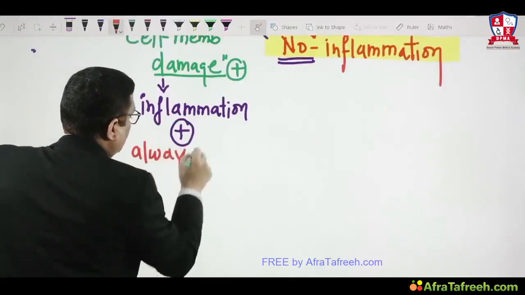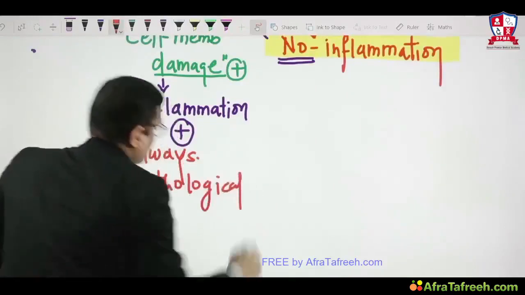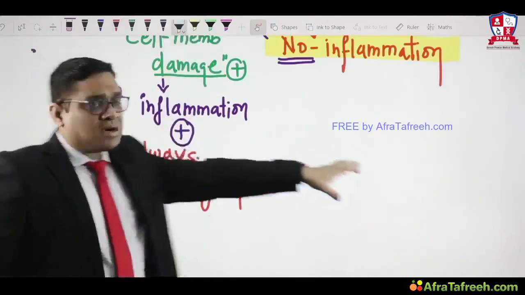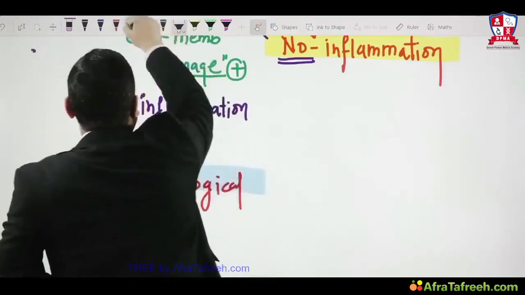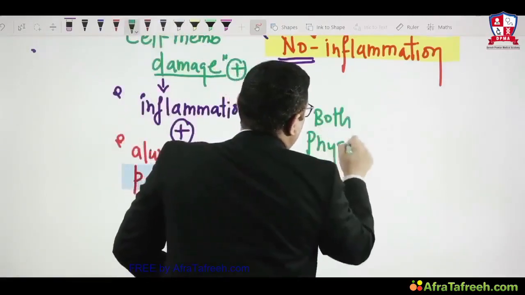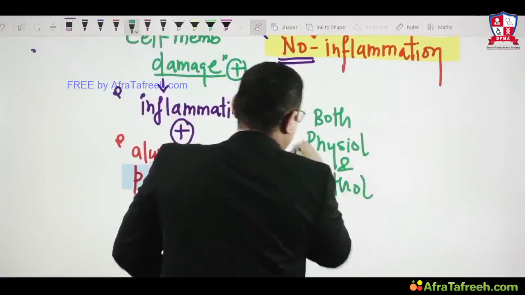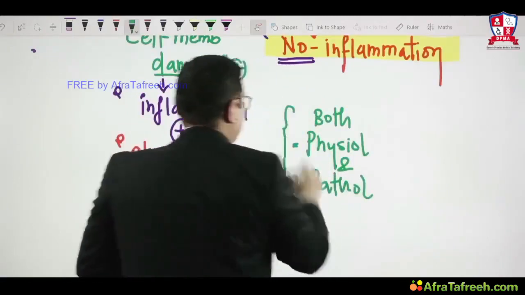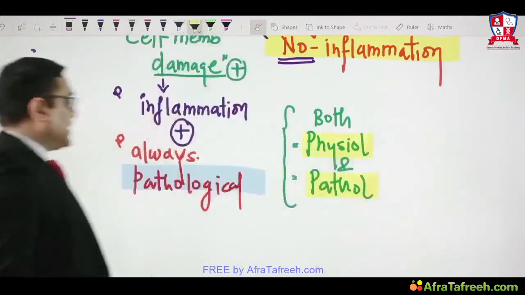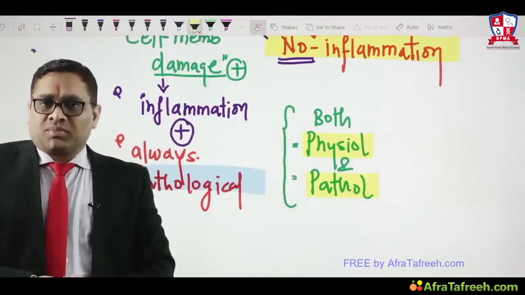But apoptosis is both physiological and pathological, whereas necrosis is only pathological, right? This is how we can understand this topic of necrosis.